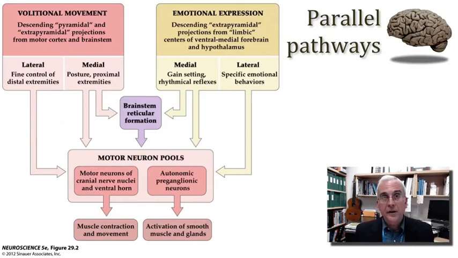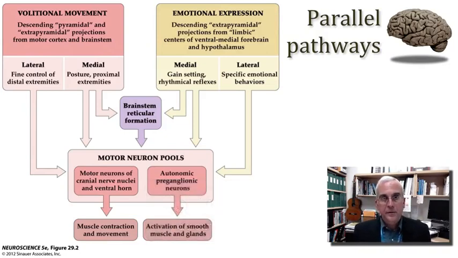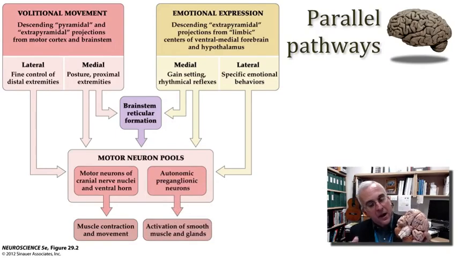Now there's another term I'd like to introduce, and that's corticobulbar. This is a bit of an odd term, I know, but what it refers to are projections from the cortex to the brainstem. This term bulbar often is used to refer to the brainstem, perhaps because of the way that the pons gives the brainstem the appearance of a bulb.